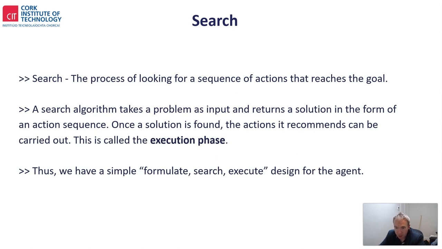Then we would remove that step from the sequence and go on to the next one, and so on. And once the solution has been executed, the agent will formulate a new goal. So we have a simple formulate, search, and execute design for the agent.